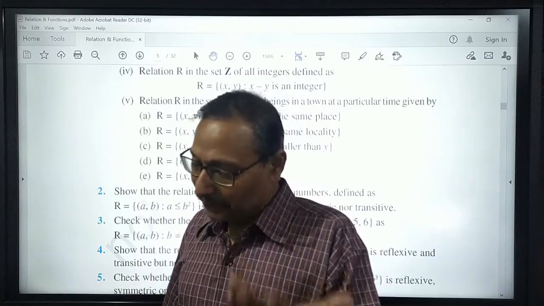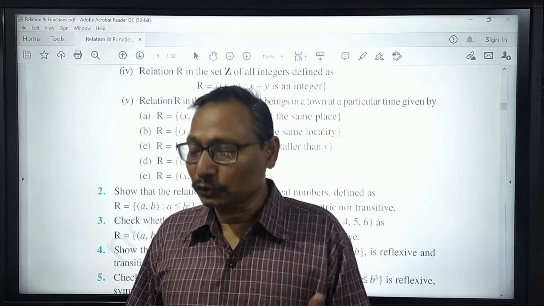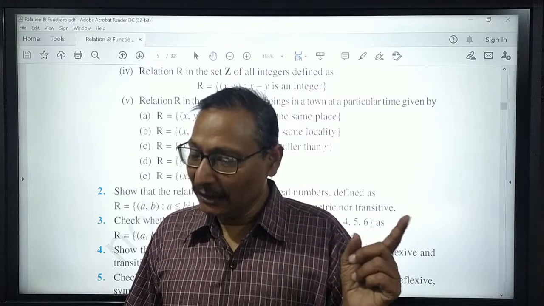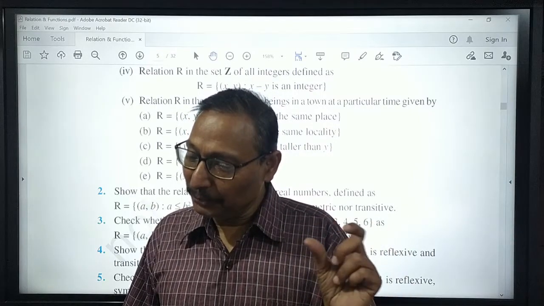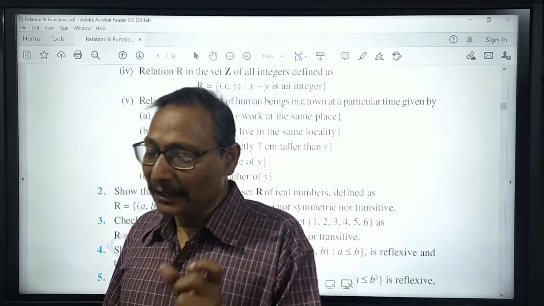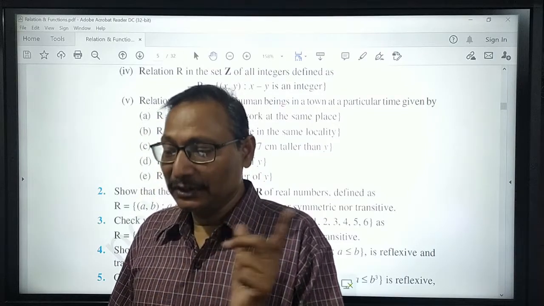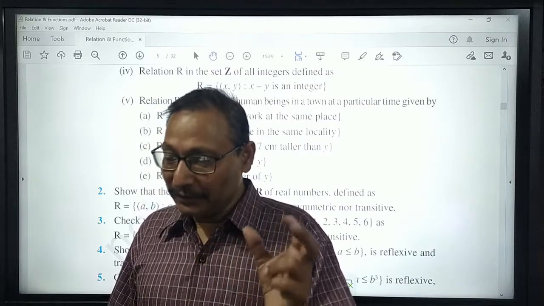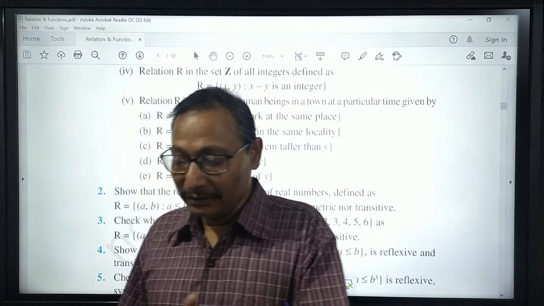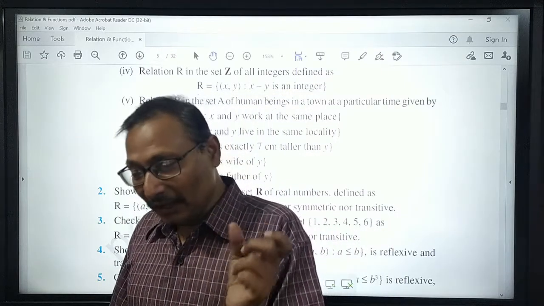And after picking those two pairs, we will take C, the second element of the second pair B comma C, and check whether the first element A of the first pair and C are related or not.